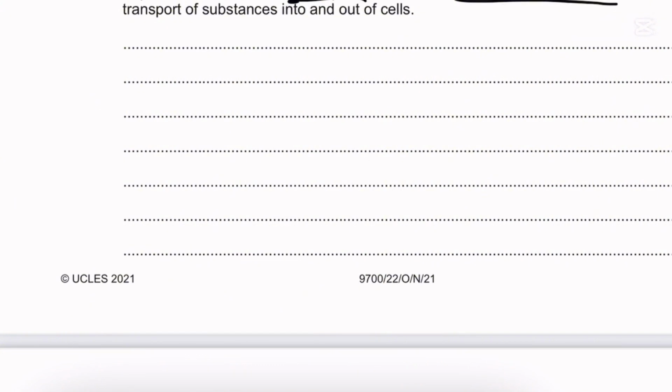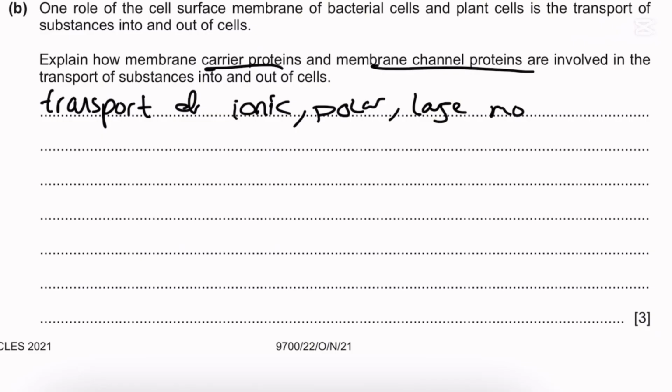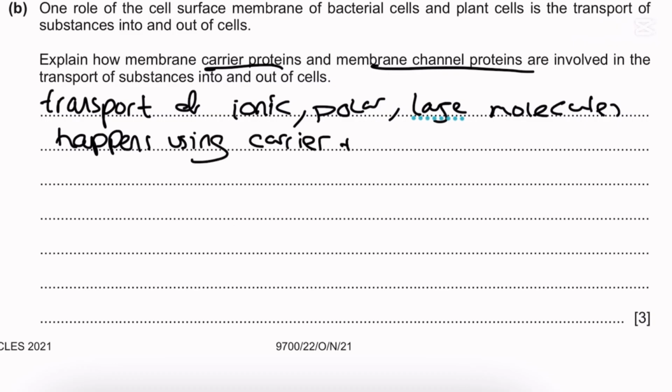So let's go ahead and write that down. Okay, so again, transport of ionic, polar, large molecules happens using carrier and channel proteins.